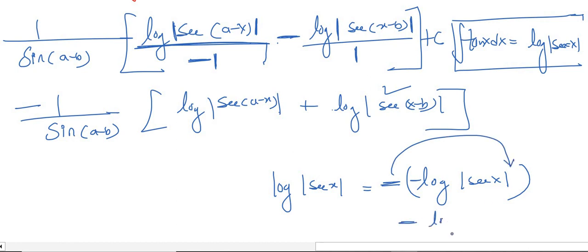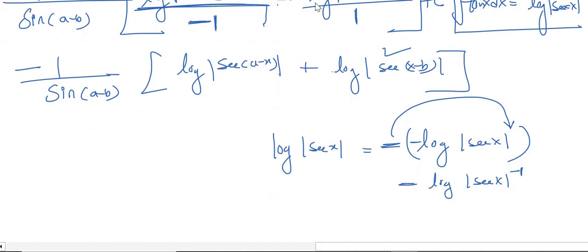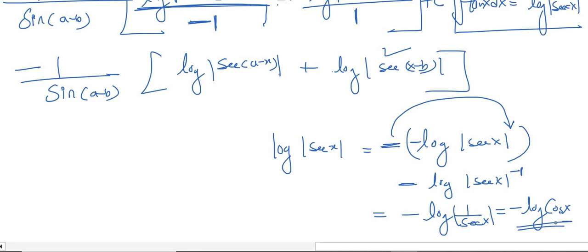So it will become log of sec of x to the power minus 1. And power minus 1 means what? It means minus of log of 1 by sec x. Inverse, which is nothing but log of cos x. So this is also a correct answer if you use it here.